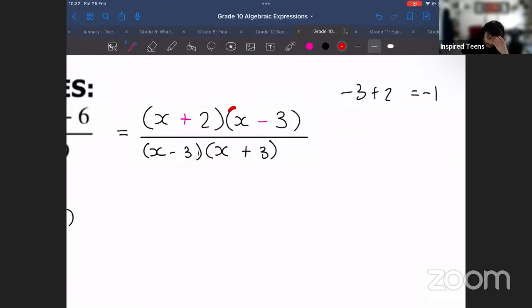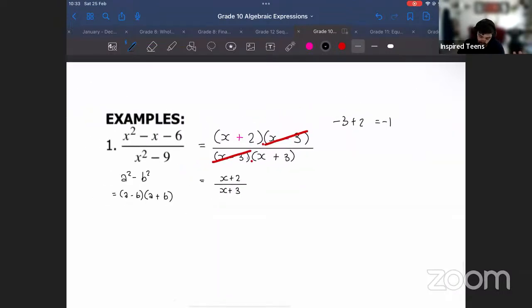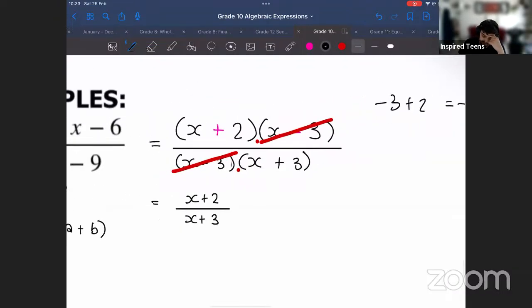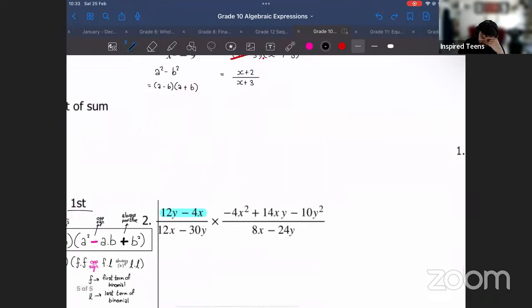However, if we're canceling the entire thing, remember, this is x plus 2 times x minus 3, over x minus 3 times x plus 3. So in this case, I can cancel this with that, and I am left with x plus 2 over x plus 3. Okay, no problem.